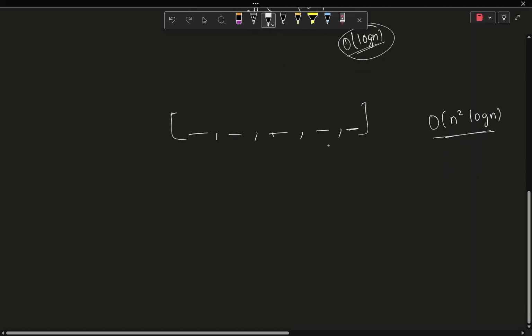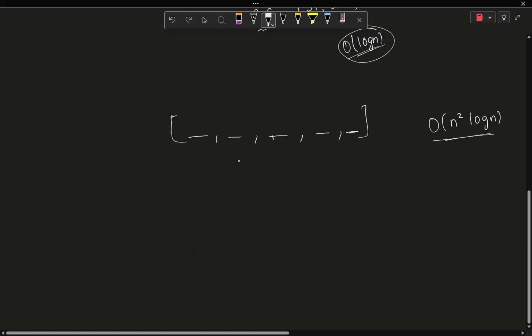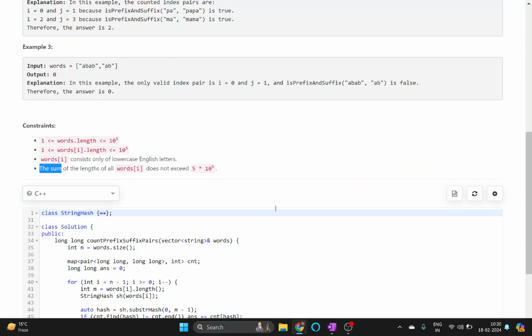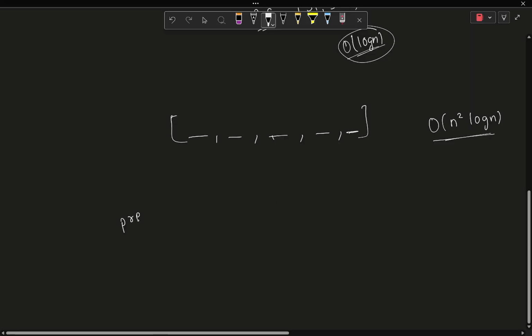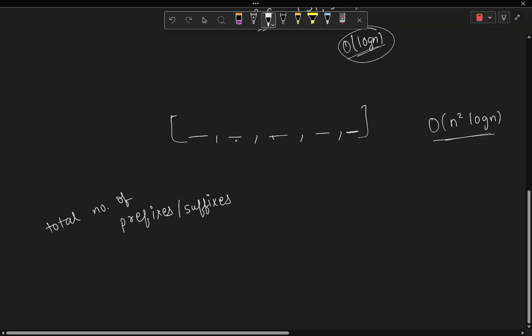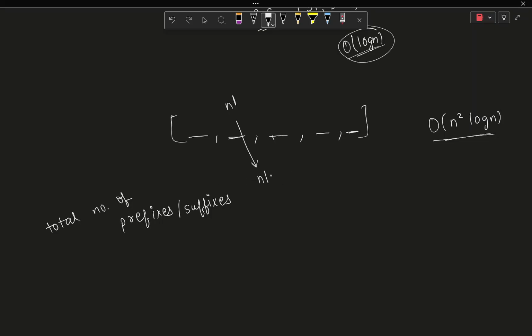I'm not really sure if you are able to directly understand this, but it is giving us a hint that the total number of prefixes or suffixes matters. Just look at this: if there is a string with length n1 here, it will have exactly n1 prefixes and n1 suffixes.